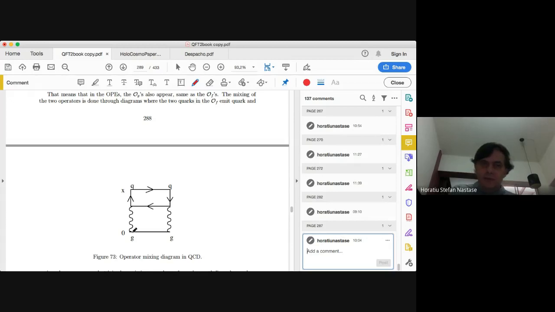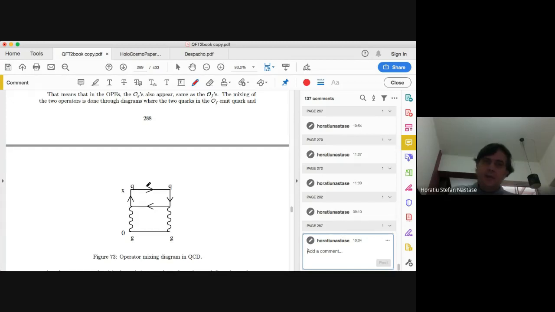And so there is the Feynman diagram that mixes them, for this quark line. So the quark goes like this into the anti-quark. And then here emits a gluon that connects with a gluon, here a gluon connecting with another gluon.